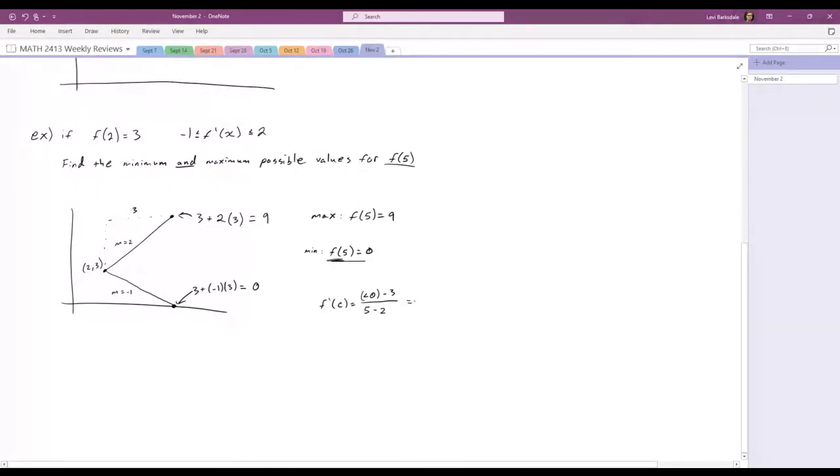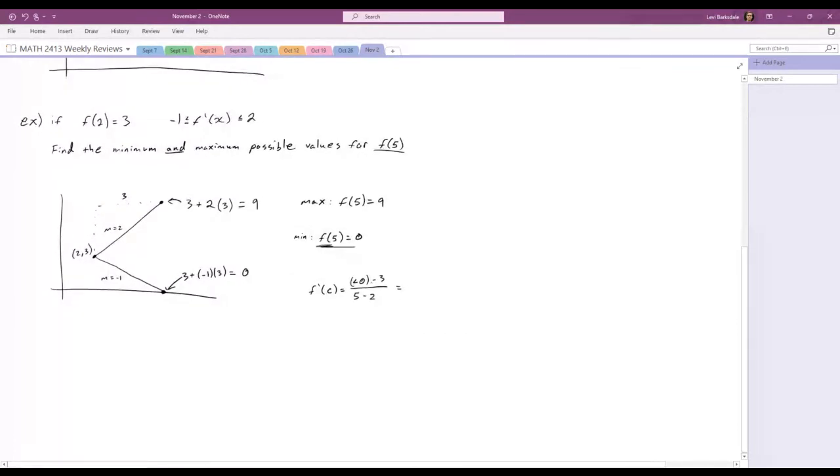When we take this, something smaller than 0 subtract 3, on the bottom we have 3, and this would have to be smaller than -1, because something smaller than -3 divided by 3 would give me something smaller than -1.